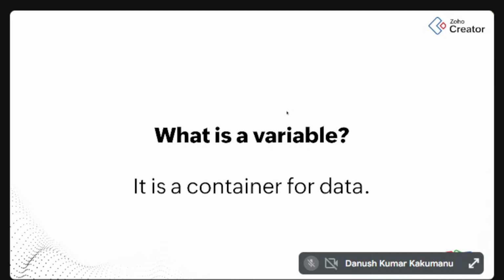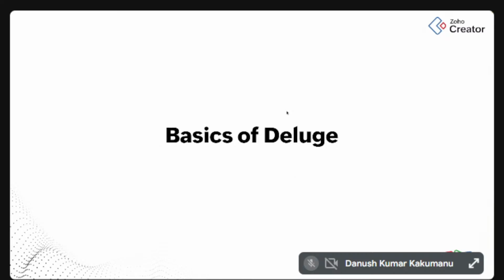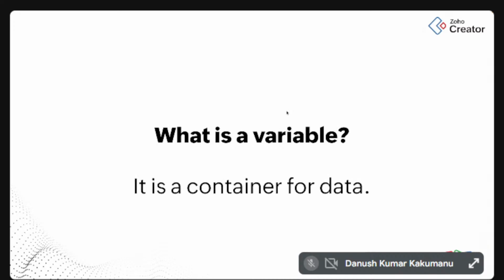So we'll take a look at the basics of Deluge. Before that, we'll see in scripting languages or in programming, what is a variable? A variable is used to store data. Okay, it is a container for data.